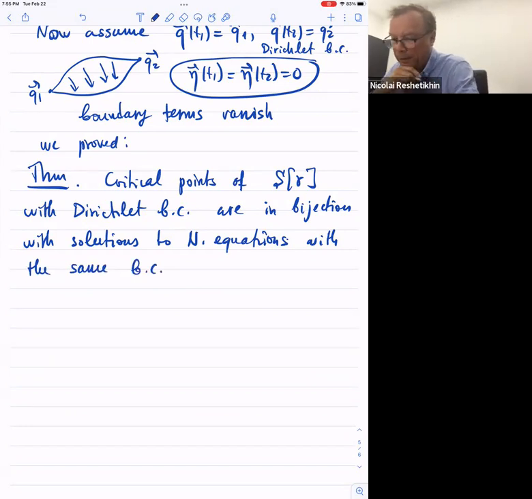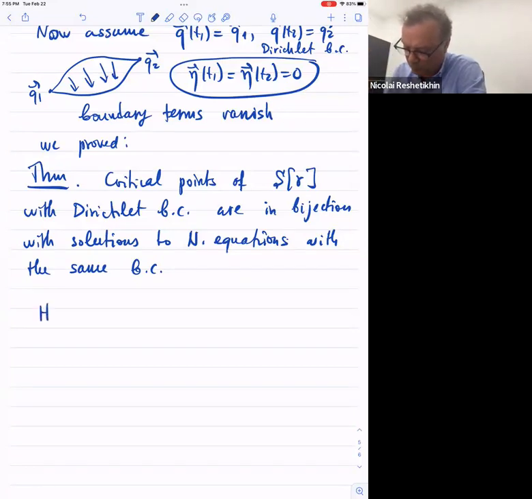It's clear why it's called Dirichlet. So this is the variational principle in classical mechanics. This is Lagrangian mechanics.